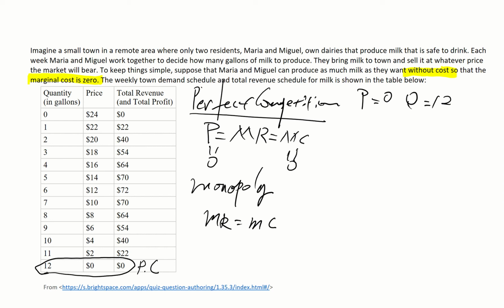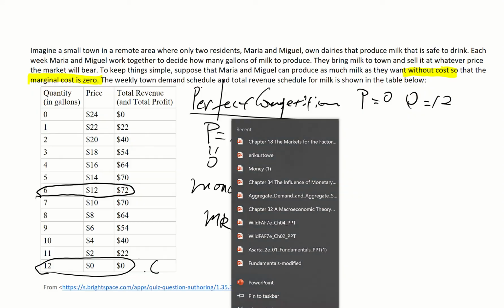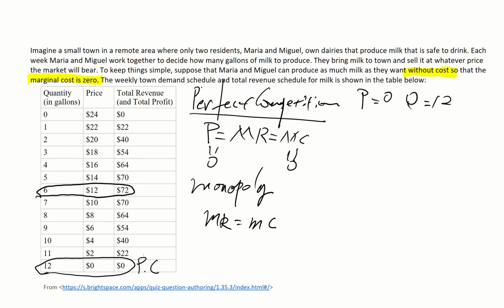To find marginal revenue, you have to find the change in each level of total revenue. So if you sell 1, how much revenue do you have? If you sell 2, how much revenue do you have? And so forth. It looks like our highest total revenue is at 6 units, and if you go above 6, your total revenue actually goes down, so you're going to have a negative marginal revenue.